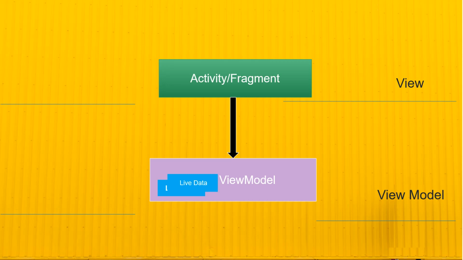LiveData works as an observable wrapper and is also lifecycle aware, as I said earlier. LiveData automatically does the right things at the right time and saves us from many lifecycle related potential bugs and memory leaks. So enough talk, let's see how to implement and use LiveData in our actual code.